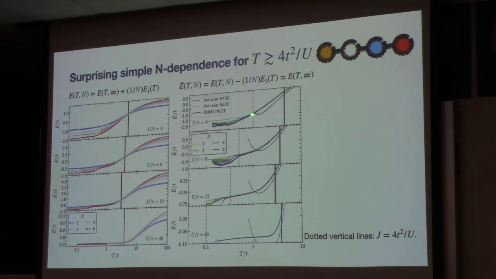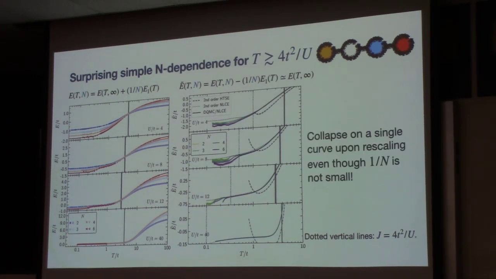They collapse on top of each other until they reach the corresponding vertical line in each case. So there is this collapse onto a single curve upon the rescaling, even though 1/n is not necessarily a small quantity. Like 1/2 is not that small. So this was really exciting.